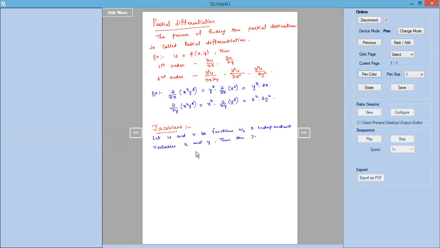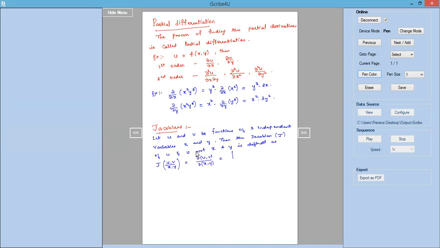Then the Jacobian J of u and v with respect to x and y is defined as J of u v with respect to x y, which is one and the same as writing dou u v with respect to x y.